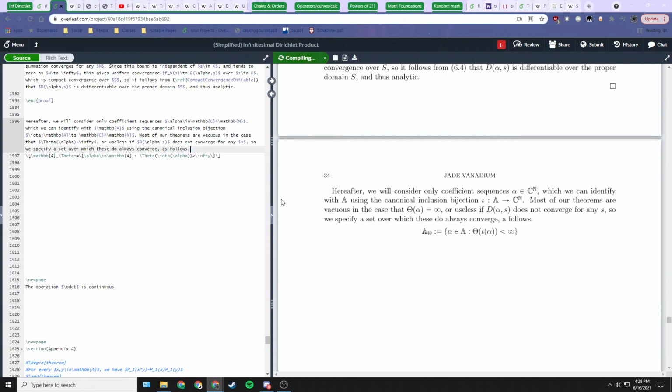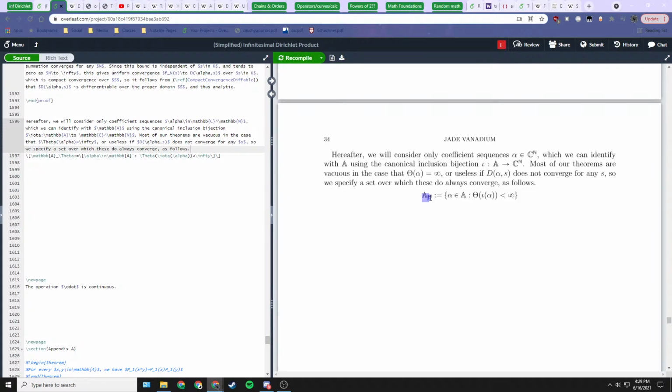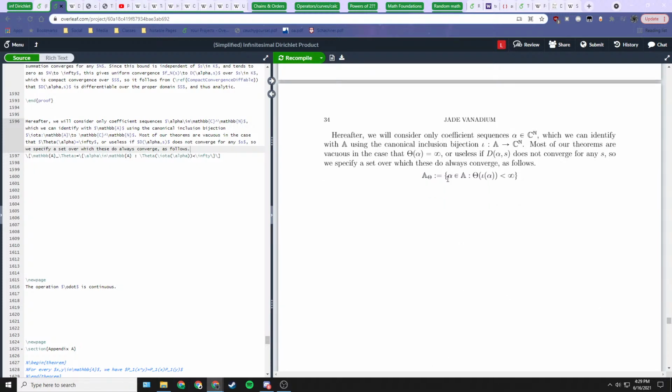For the rest of our section, we're going to be focusing on this set A sub theta. Essentially it's the set of sequences alpha in A, which again can be thought of as complex sequences, such that the theta value of iota alpha is finite.